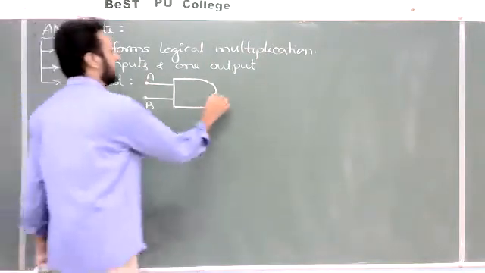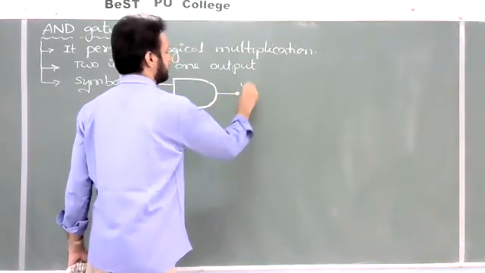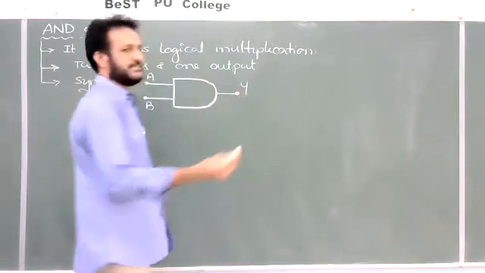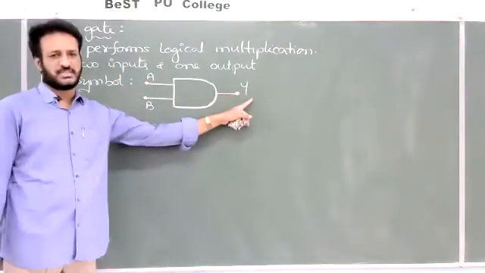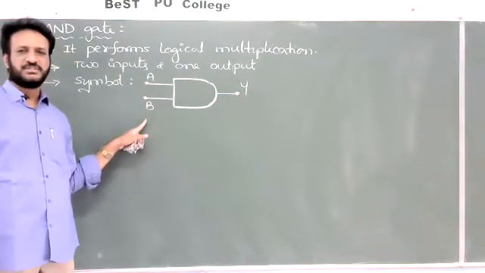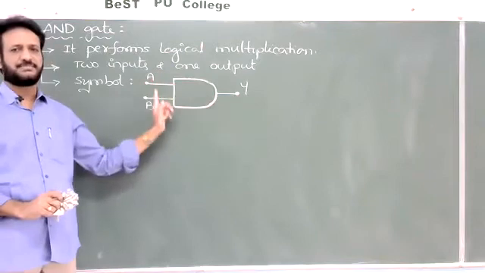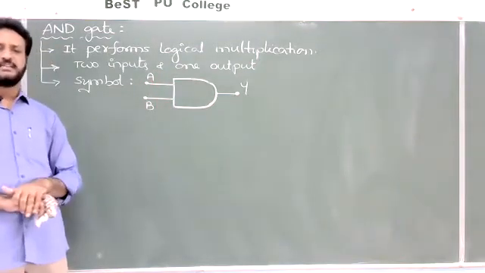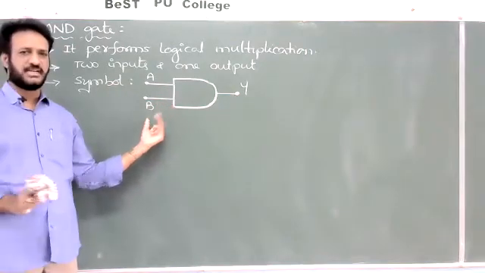But here I'll write output, Y or C, your choice, any letter. So this Y is called output. AND gate has 2 inputs and 1 output. In exam, if they ask to write the symbol of AND gate, simply we should draw like this. That's enough.